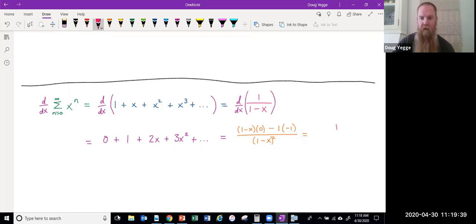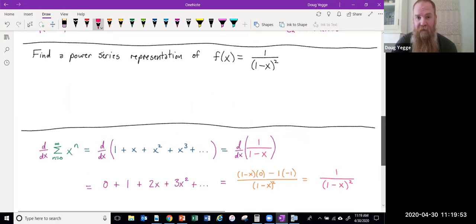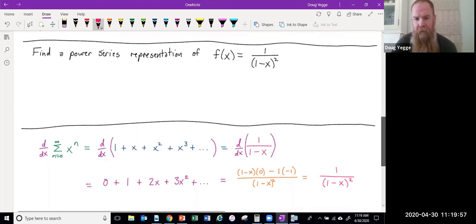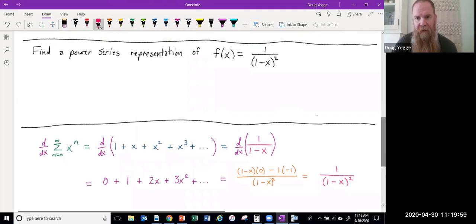1 over 1 minus x quantity squared. Whoa, wait a second. It looks like that right there was the power series that I was just trying to find an expansion for. So it looks like this is the derivative of 1 over 1 minus x.